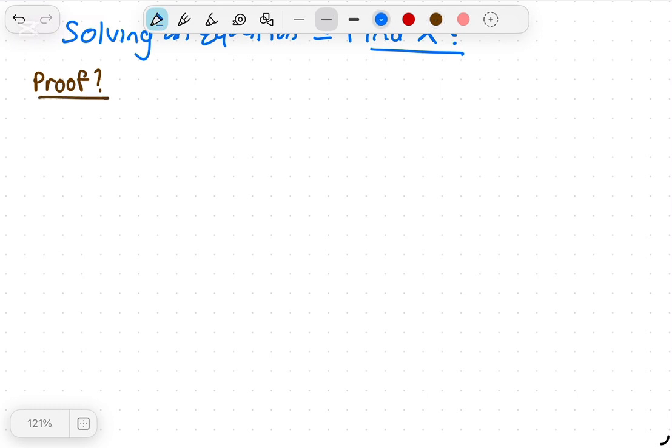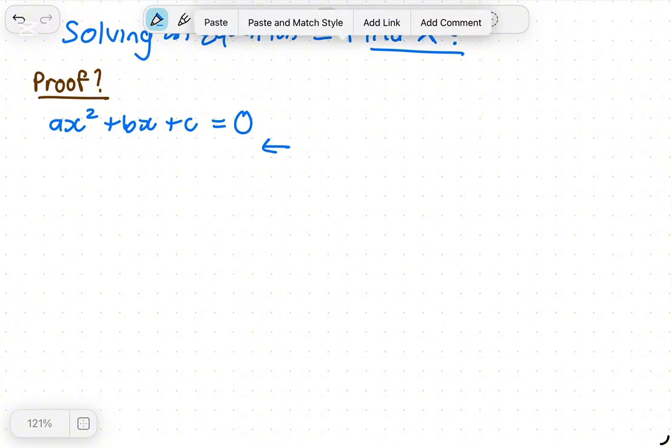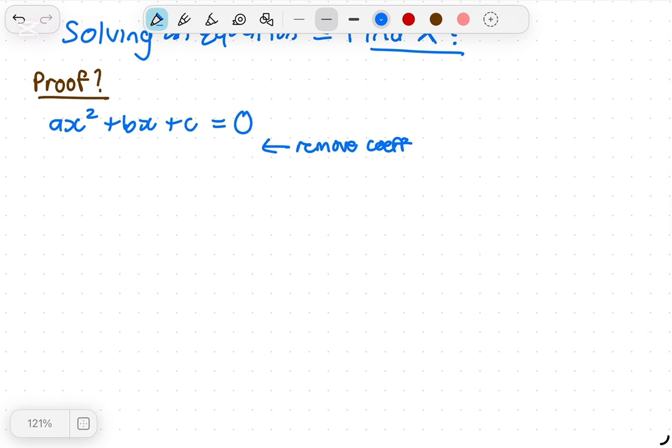So let's take a general quadratic equation, ax squared plus bx plus c, as all of you might know, equals 0. Now remember in completing the square, we remove the coefficient of x squared, which means we divide everything by a.